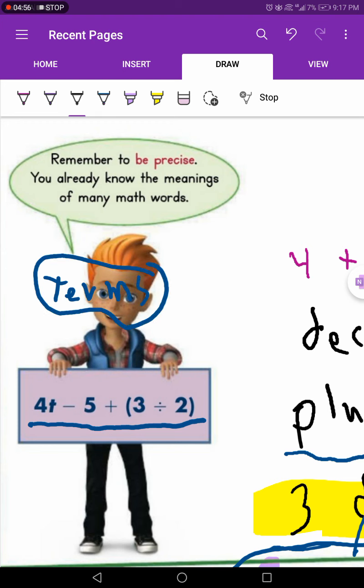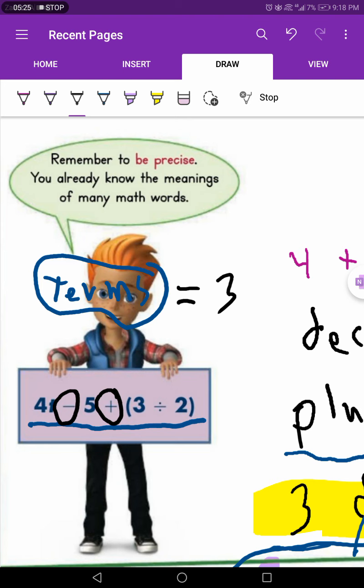See, how many plus and minus do I have? I have two operations, plus and minus. So how many terms do I have? 3. So teacher, the number of terms equals how many plus and minus in the expression, and then I add 1? Yes. If I find two operations plus or minus, that means I have 3 terms.